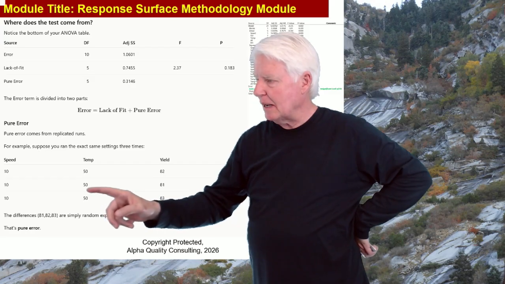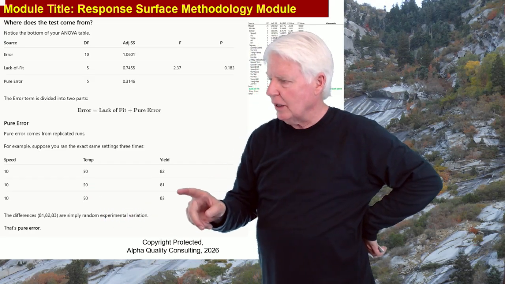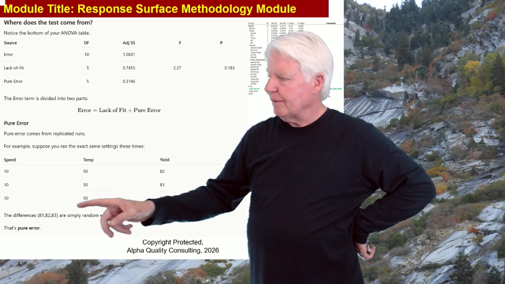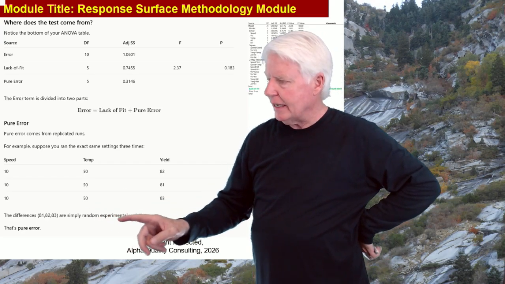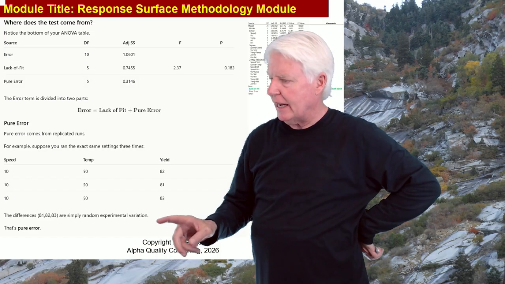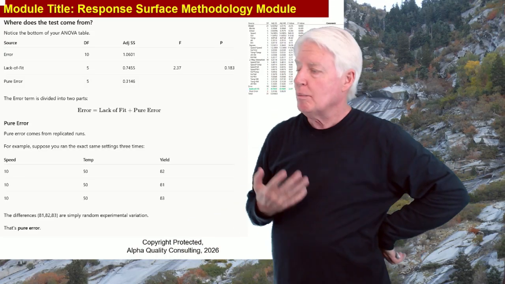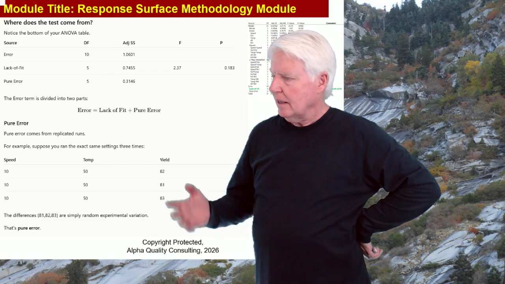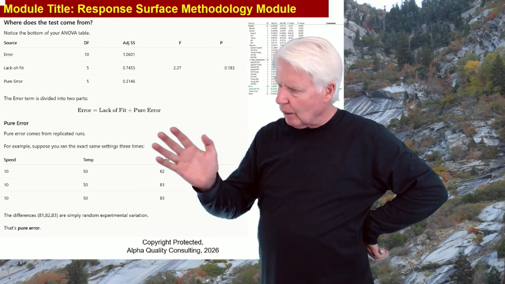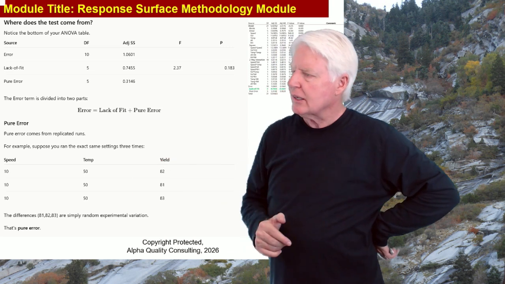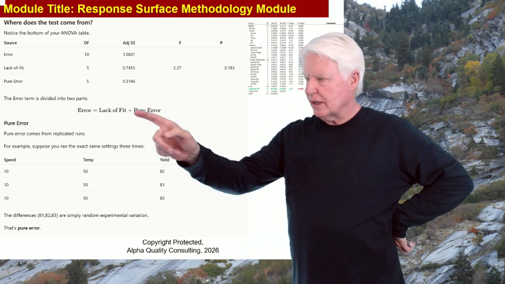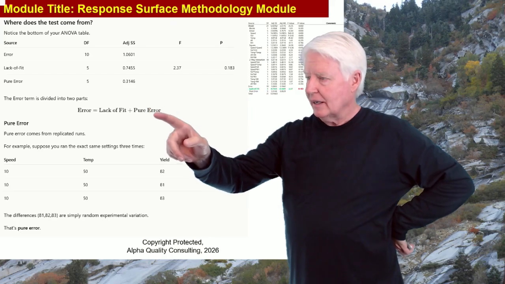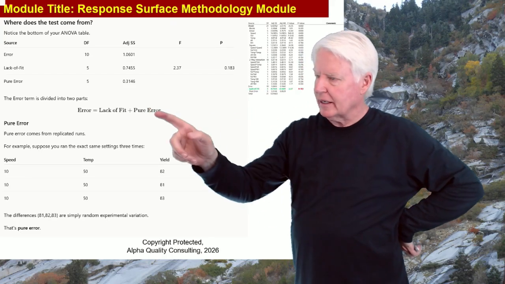Again, with speed and temperature at the same settings, you got 81. At the same place again, you got 83. The differences between 81, 82, and 83 are simply random experimental variation. That's what we mean by pure error, the pure error of the experiment. You try to do your best, but there's always variation in these things. That's the pure error, and that's what is in this equation.